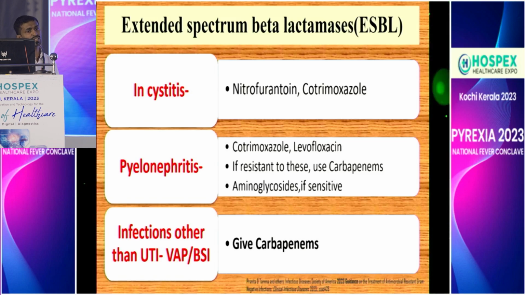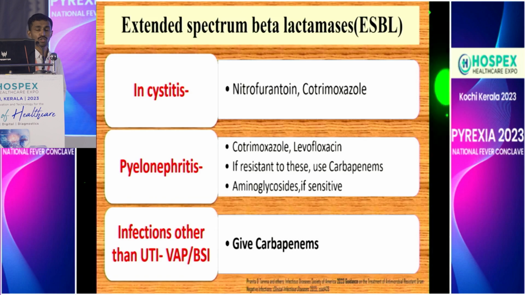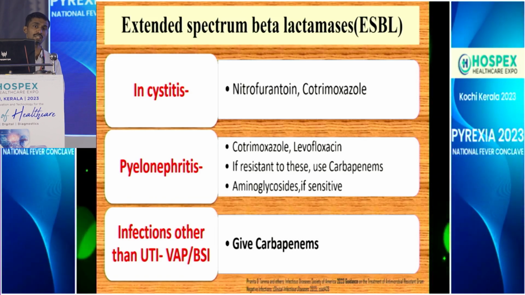In cystitis, if it is sensitive, you can give agents like nitrofurantoin and cotrimoxazole. In pyelonephritis, this is a take home point: there is no role for nitrofurantoin. It has a role only in cystitis because it is a drug that is completely excreted in the urine.